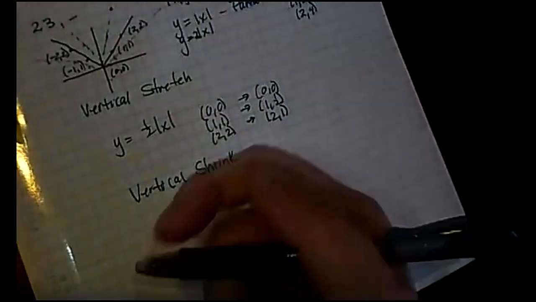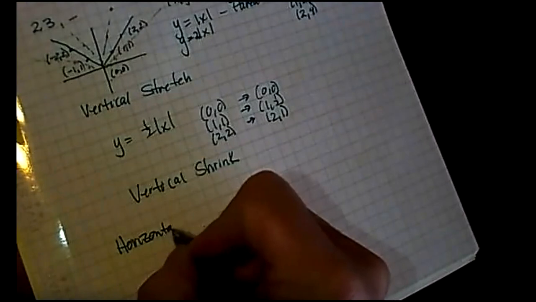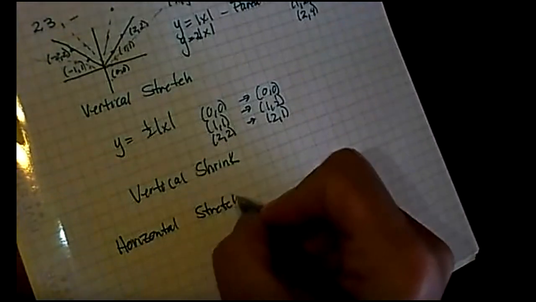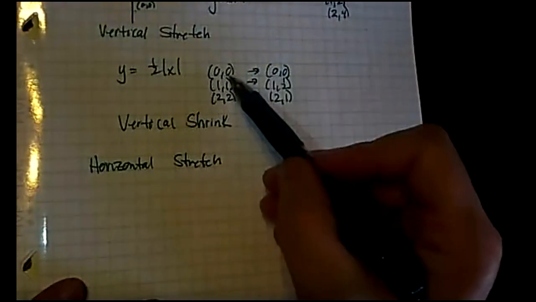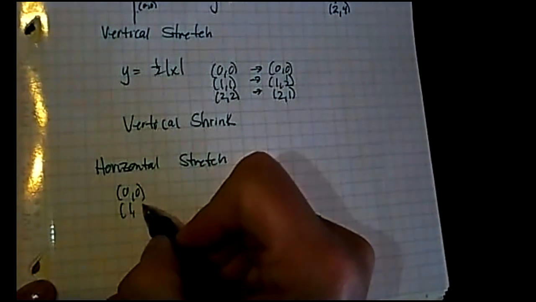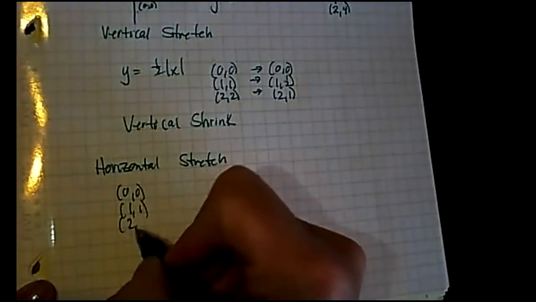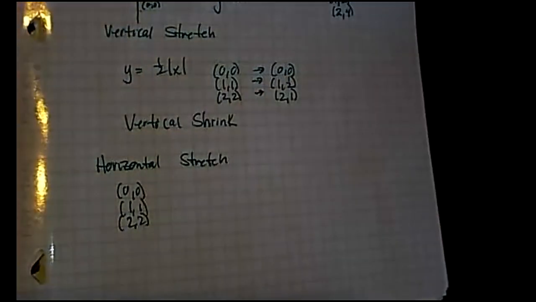So here's a horizontal stretch. I'm just going to stick with the absolute value because it's easy to use these ordered pairs. These are the original ordered pairs on the parent function, so I'm just going to rewrite those down. I could put as many as I want, but I'm going to go with those three.